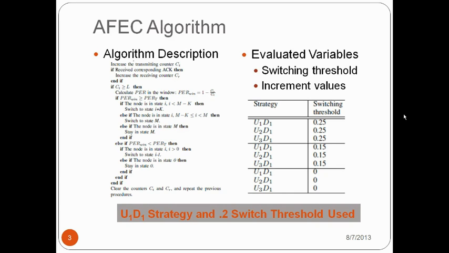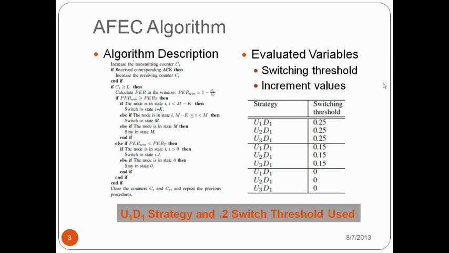So every L packets, or every 20, is what I use in the simulation, you compare the number of received packets to the number of transmitted packets, and if it's over a threshold, you can increase the level of FEC by a certain increment, or if it's less than that threshold, you can decrease the FEC by a certain increment. So that's what that algorithm is. It's fairly simple. The paper did some exploration for what you should set that threshold to, what you should set your window to, and then again the strategy for your increments.